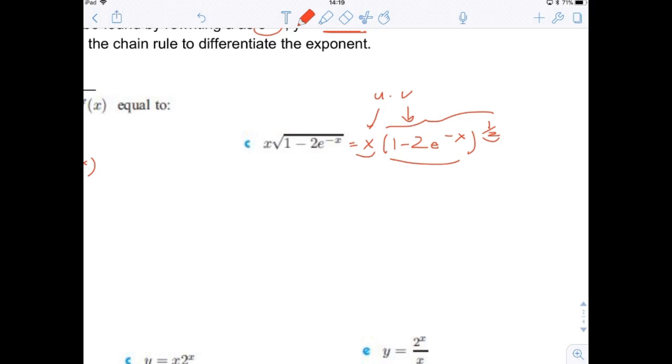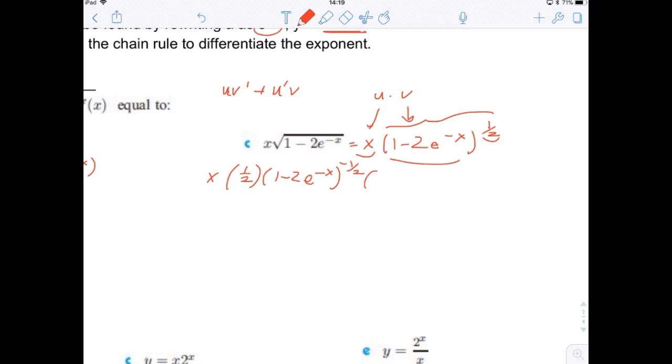So it would be u v dash plus u dash v. It doesn't really matter which order you do it, right? 1 plus 2 is 2 plus 1. So we're going to do x times the derivative of that big binomial. That would be negative 1/2, because we have to decrease the power by 1.